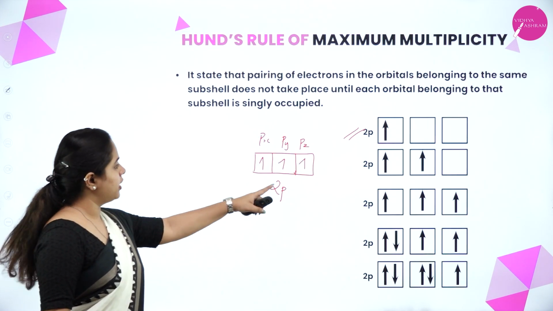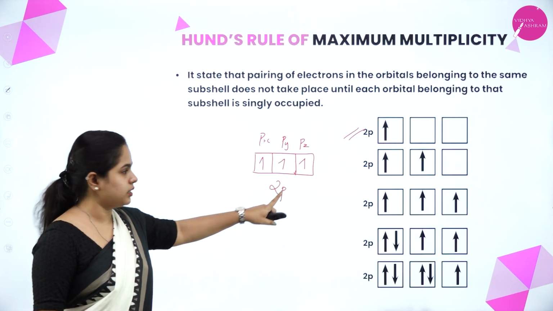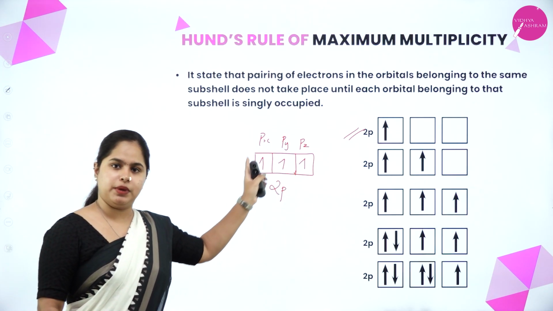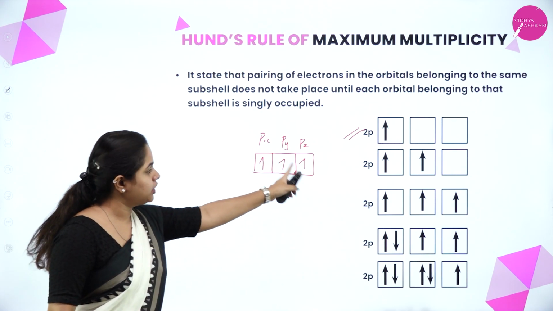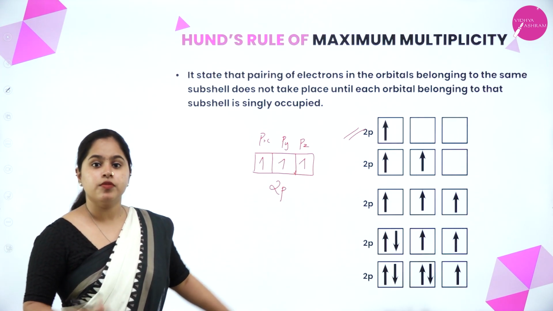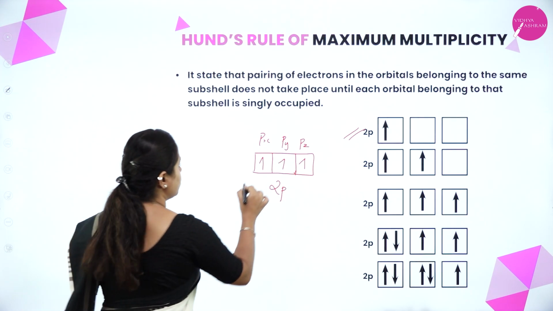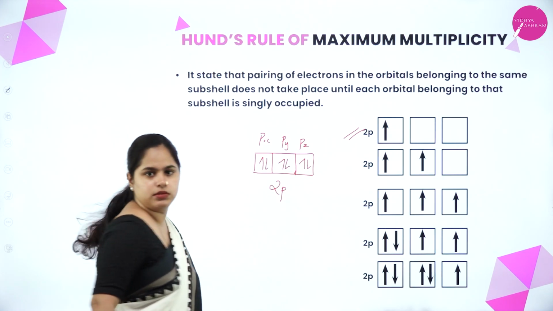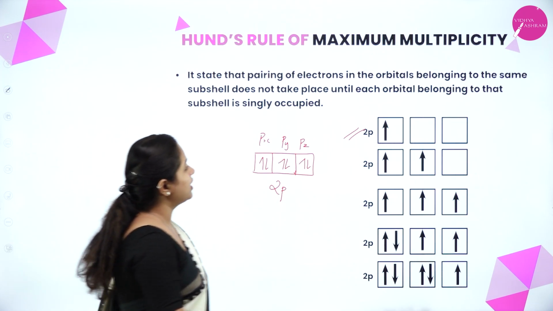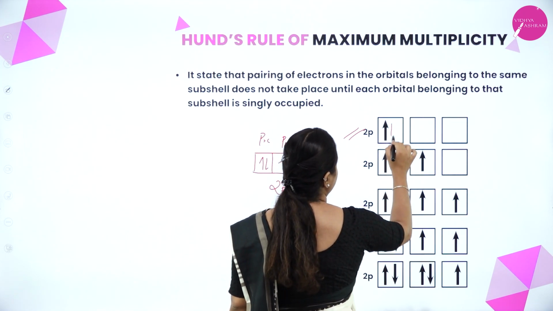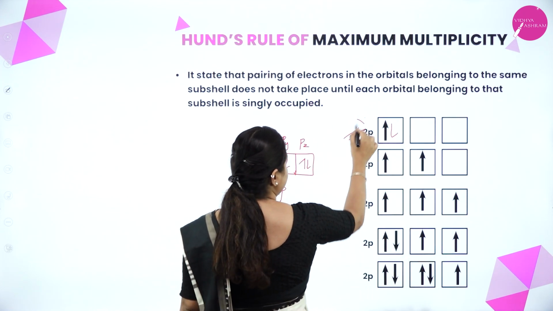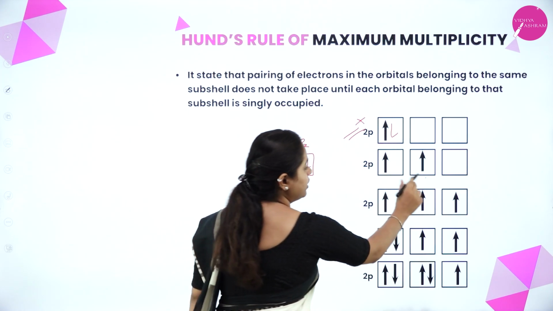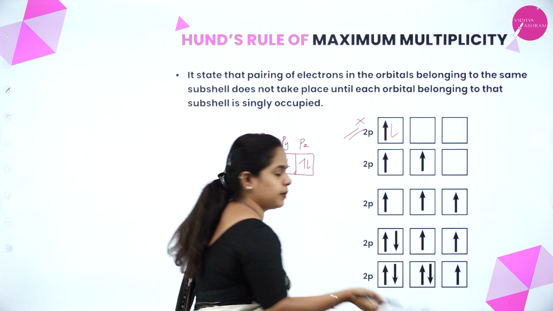Okay, now what I can see in degenerate orbitals, singly the electrons are being occupied. Now, once each orbital is singly occupied, now we will start pairing it. So, now the 4th one will come here, 5th one will come here, 6th one will come here. So, I hope it is clear. Directly, the second electron, if it comes, I cannot fill it in here. It will come in this orbital, then to this orbital, then it starts pairing.